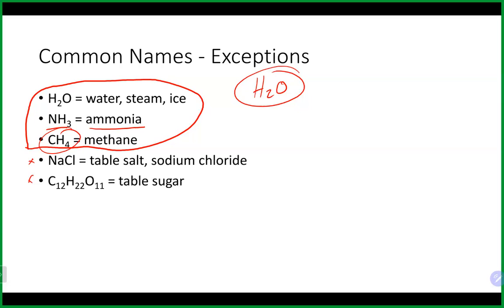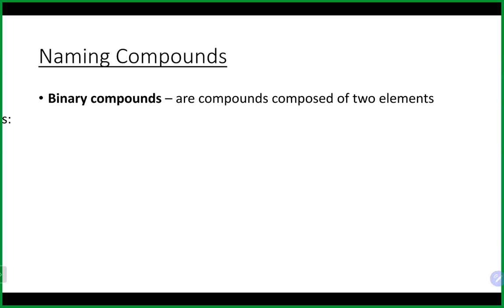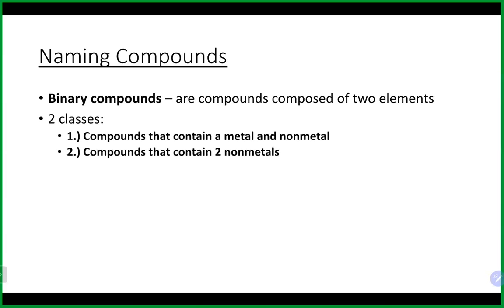So let's talk a little bit about the process to name these guys. And there's really two types of bonding that cross over into naming. When we name binary compounds, which basically means they are two elements, there are ones that contain a metal and a non-metal. And whenever we have a metal and a non-metal together, that is always going to result in an ionic bond.